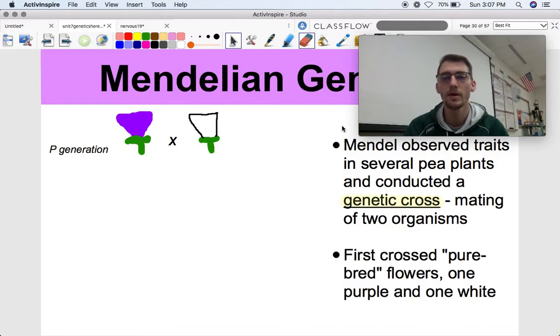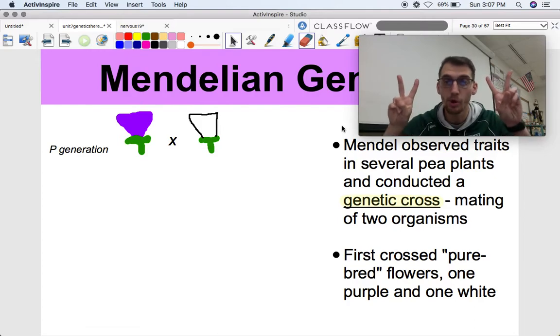We're going to walk through one of his experiments. It says right here, Mendel observed traits in several pea plants by conducting a genetic cross, or a mating of two organisms. One of his most famous experiments was he crossed a purple flowered pea plant with a white flowered pea plant, and both of them were true breeding, meaning that this purple flower plant has only ever bred with other purple flowered plants, and this white flowered plant has only ever been bred with other white flowered plants.